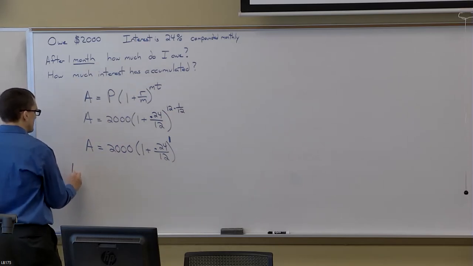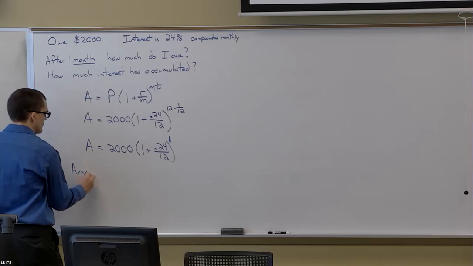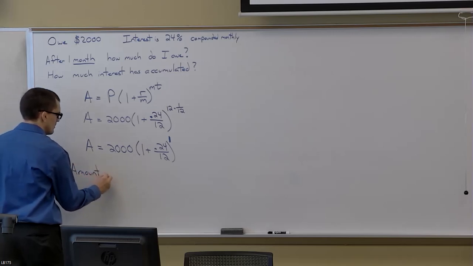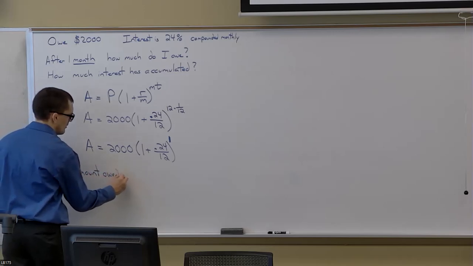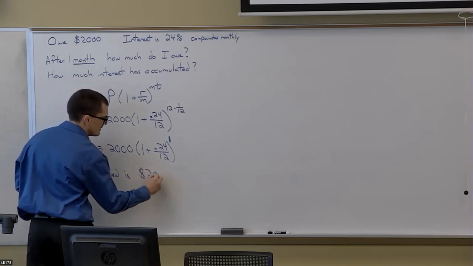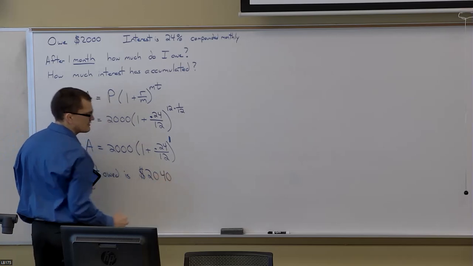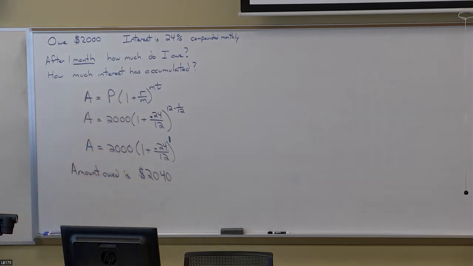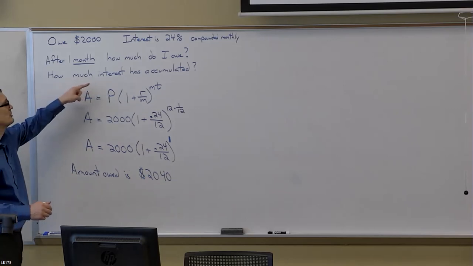And then at the end of the month, the amount we owe is $2,040. Okay. Now, how much interest is accumulated?